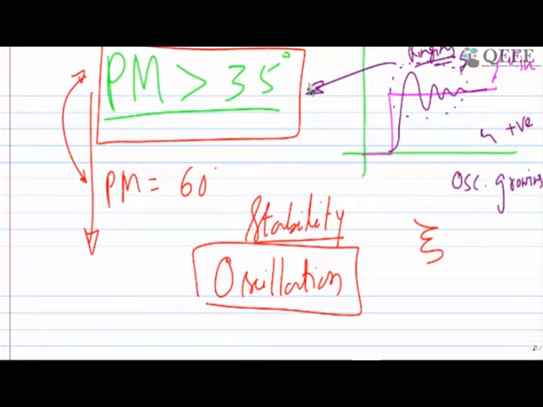So maybe if you design something, you will find that the control engineers expect that you should design a system which looks like this one, or maybe this one. More desirable is that there is no ringing. So when there is no ringing, the phase margin is approximately 60 degrees. I am telling you this from experience.